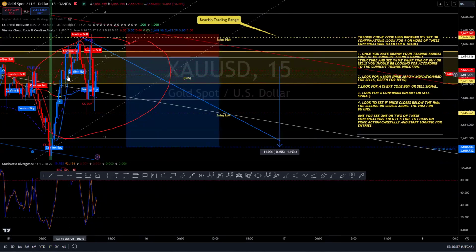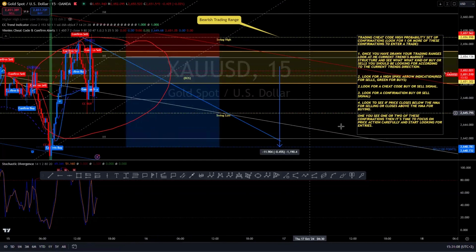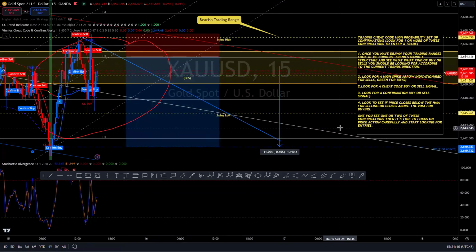It's the previous structure, and then the price closing above this structure and trying to push that. I'm not ready; I'll wait for the next candle just to be sure.